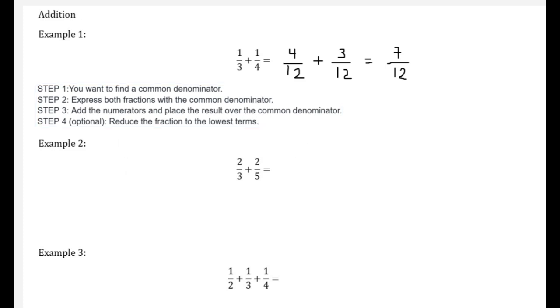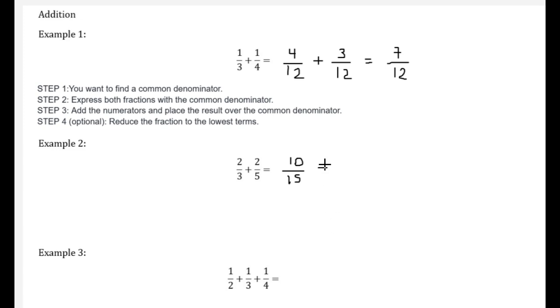Now let's do example number 2. In this case, we have 2/3 and 2/5. 15 is divisible by both 3 and 5, so 15 is going to be a common denominator. In order to get 2/3 with the common denominator of 15, we have to multiply top and bottom by 5. So 2/3 becomes 10 over 15.